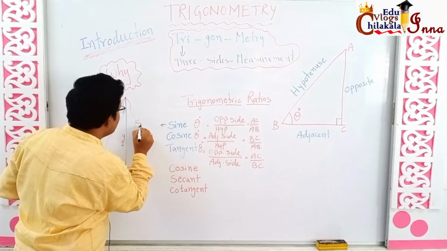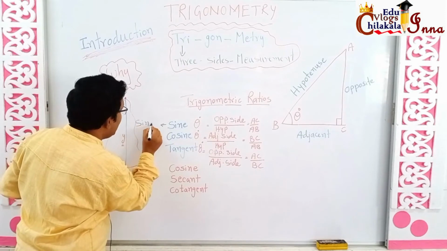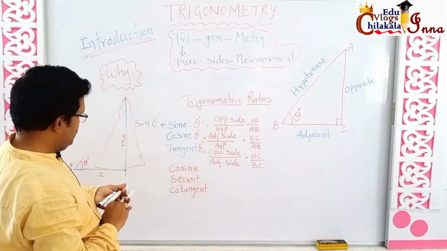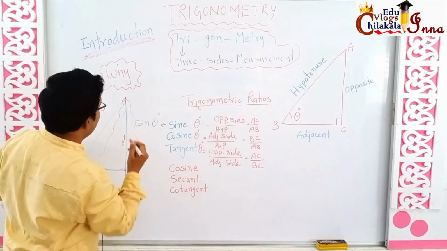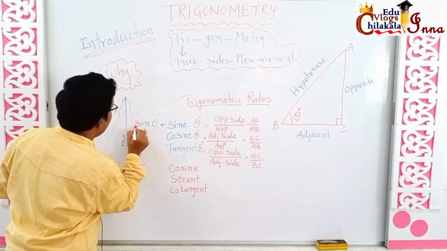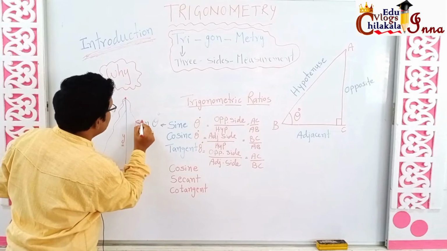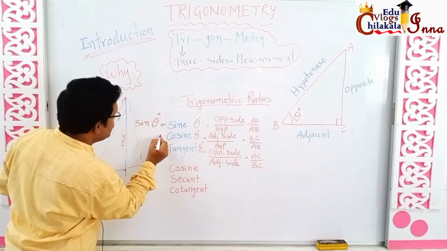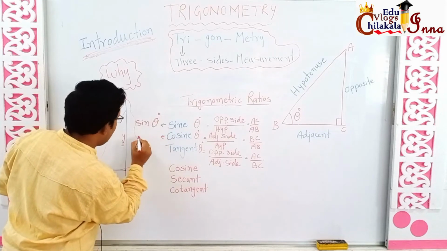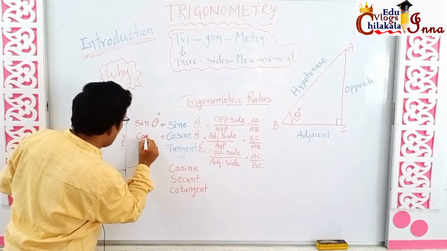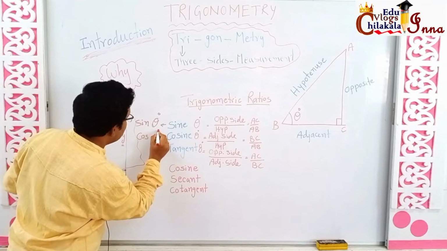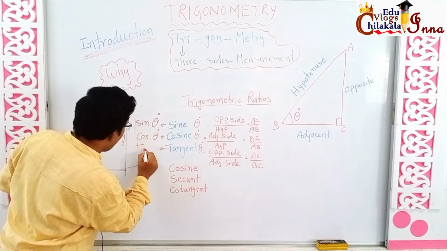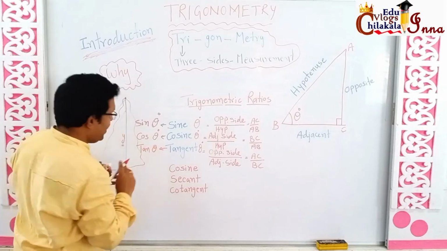This I write as sine theta. Let me write it with the red only. Red is nice here. Sine theta degrees. What do we call this? Cos theta. What do we call this? Tan theta.